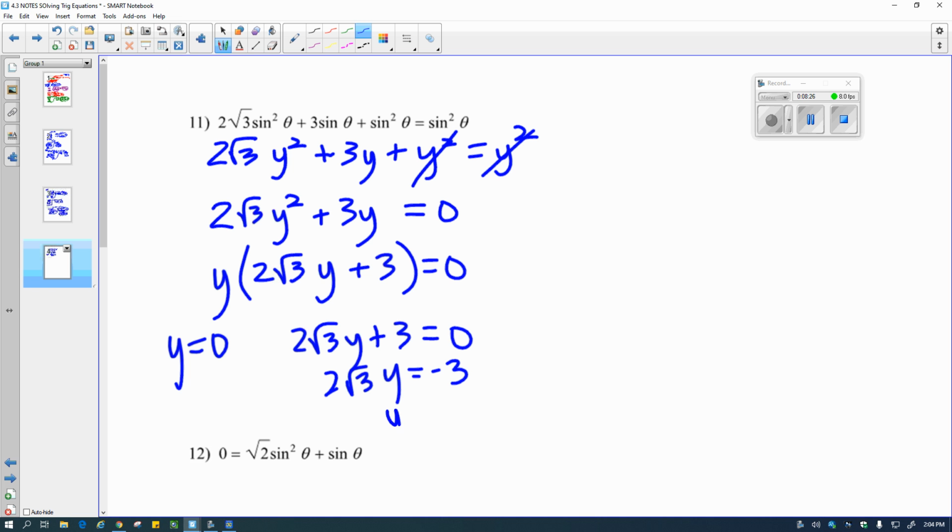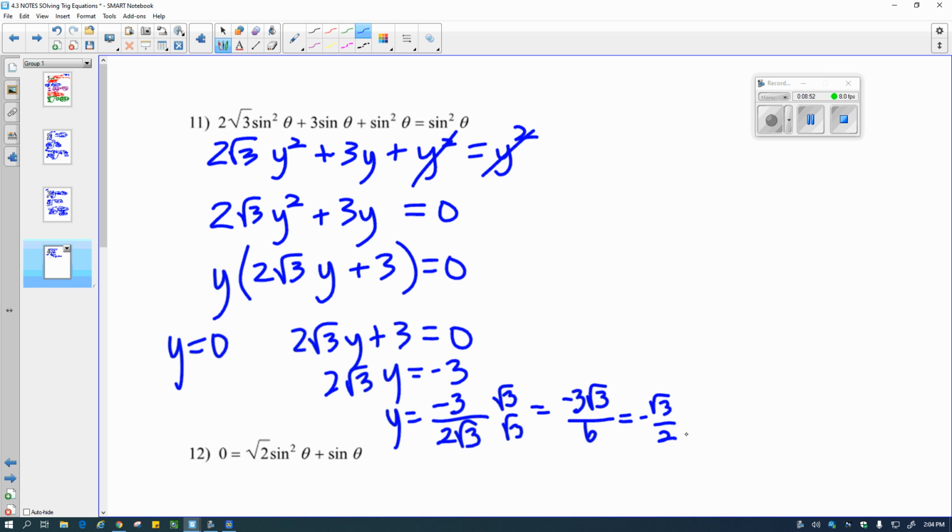Divide by the 2, so that's y equals negative 3 divided by 2 times the square root of 3. I'm going to rationalize the denominator, multiply the top and the bottom by the square root of 3. So this is negative 3 times the square root of 3 over 6, because that would be 3 times 2, or negative square root of 3 over 2.